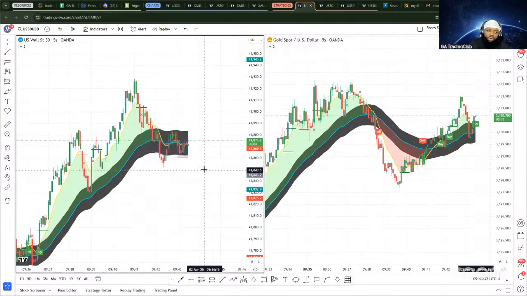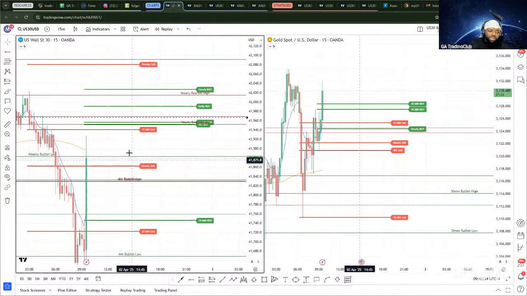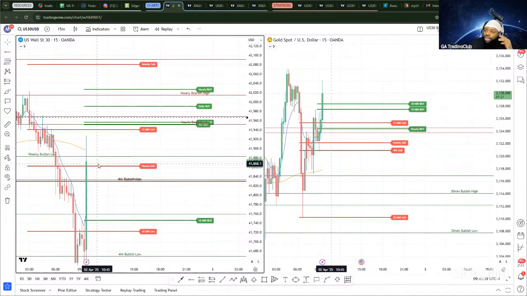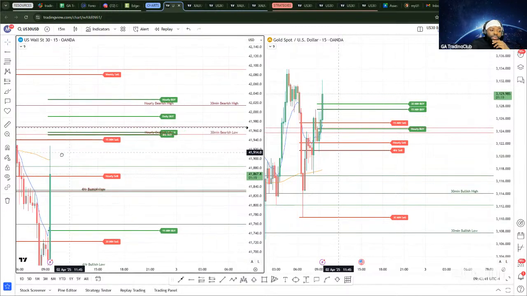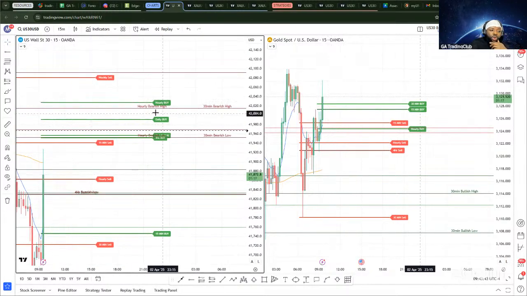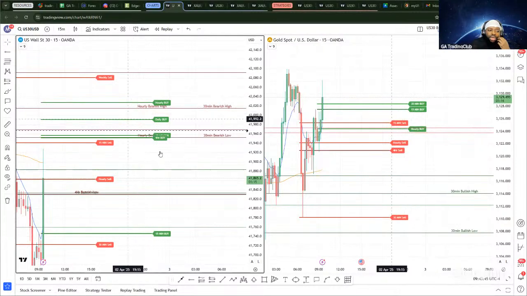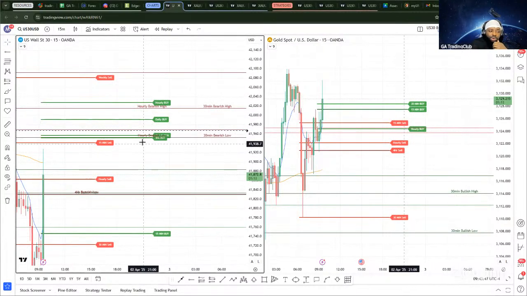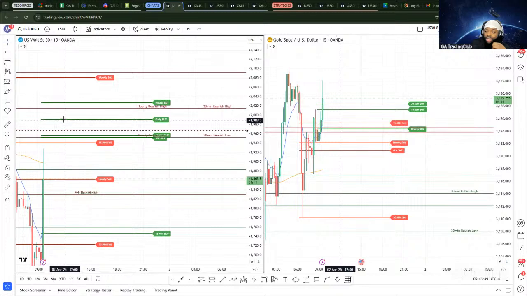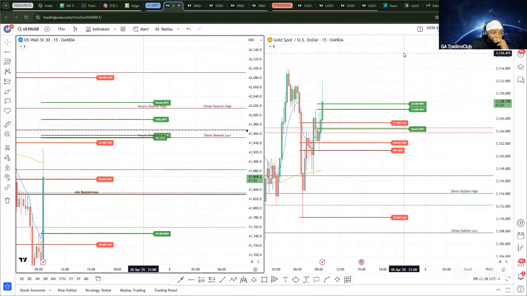So that's the essence of these order blocks, right? When price gets to an order block, you want the order block to be in the direction you're trading, which is why I'm loving these entries at the top here, because you can see we have an hourly order block and a 30-minute order block. So any rejection scalp we get here might actually give us that 1:5. Maybe the first 1:5 trade for the month so far.